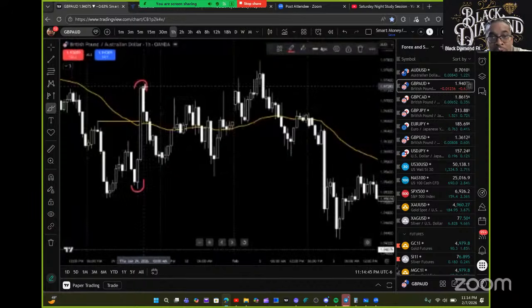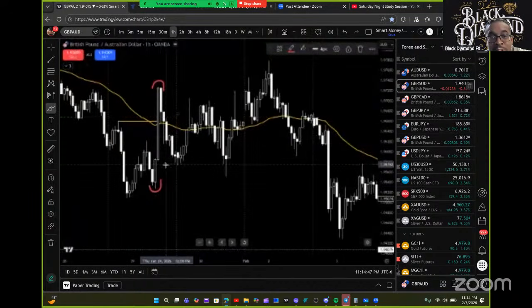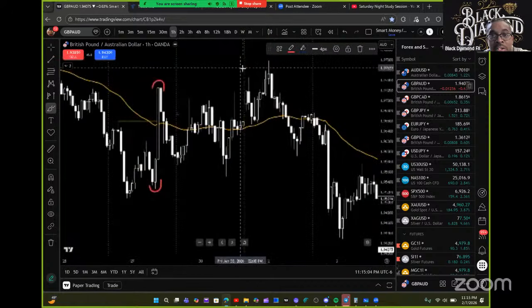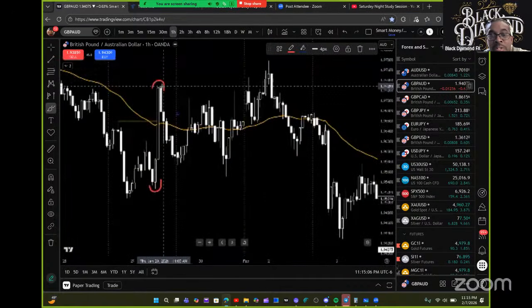Remember I said from internal range liquidity to external range liquidity. That's where you trade from. From internal, your external is this high right here. It would have hit you, got you right there. Although price did come back down, you would have been out of this trade already because this is your external range liquidity right here.